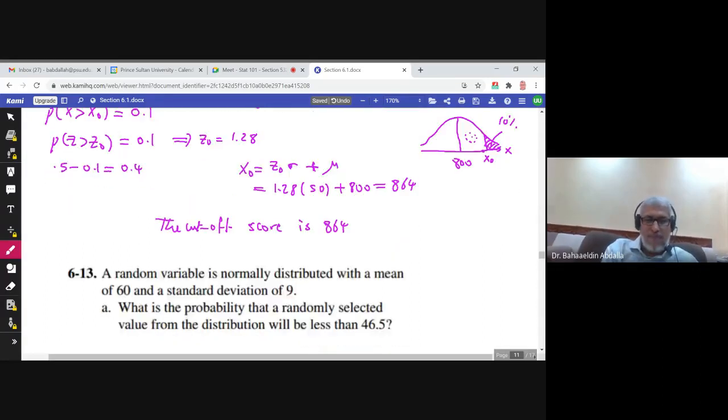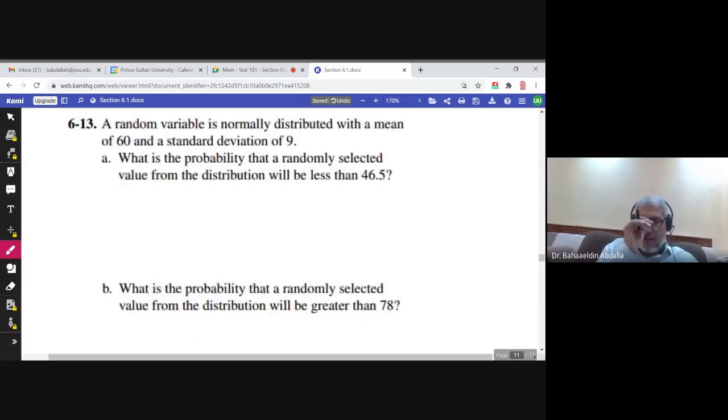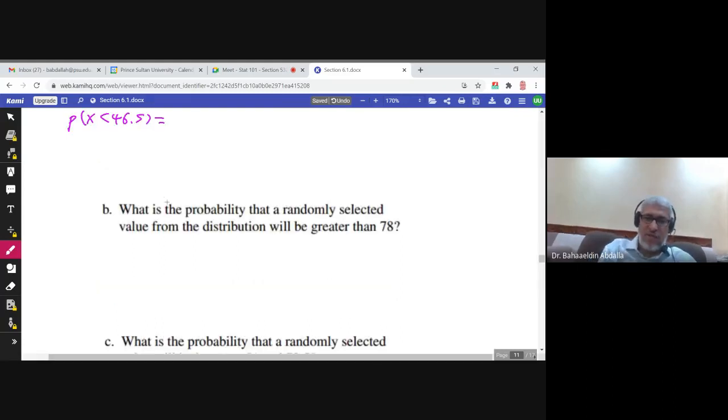Another question: a random variable is normally distributed with a mean of 60, standard deviation of 9, so the mean is given. The standard deviation is given. What is the probability that a randomly selected value will be less than 46.5? This is a usual question. Change it to Z and solve it.